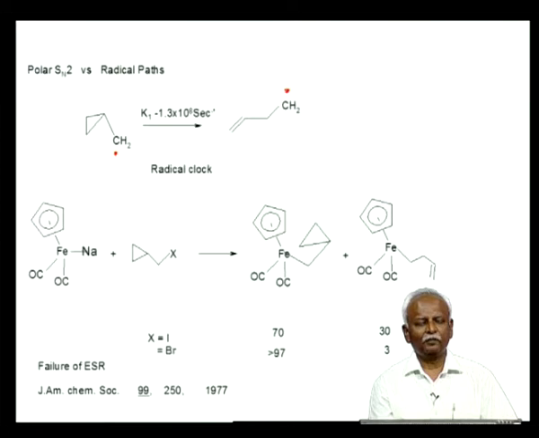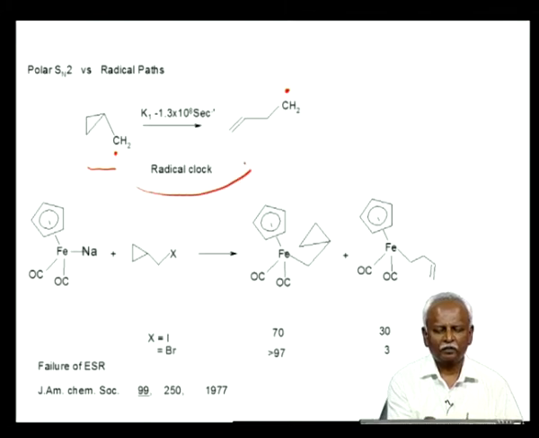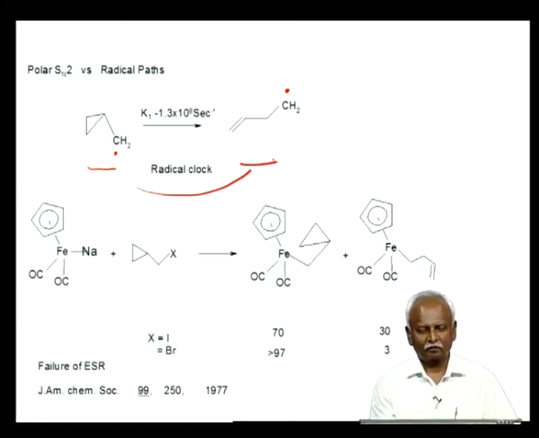So, if this radical is formed in solution, it ring opens at a very fast rate, which is known to be 1.3 times 10 to the power 8 per second. That means every second, 10 to the power 8 molecules will convert from this ring closed state to the acyclic form of this radical.